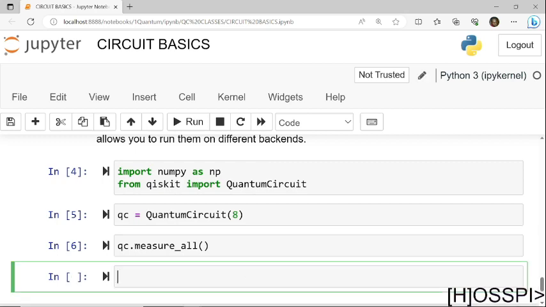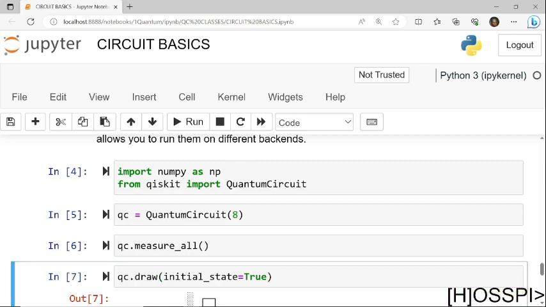And from there, to have the output, we have qc dot draw, with the output set to the channel state, and the channel state is equal to true. Okay, let's see the result.